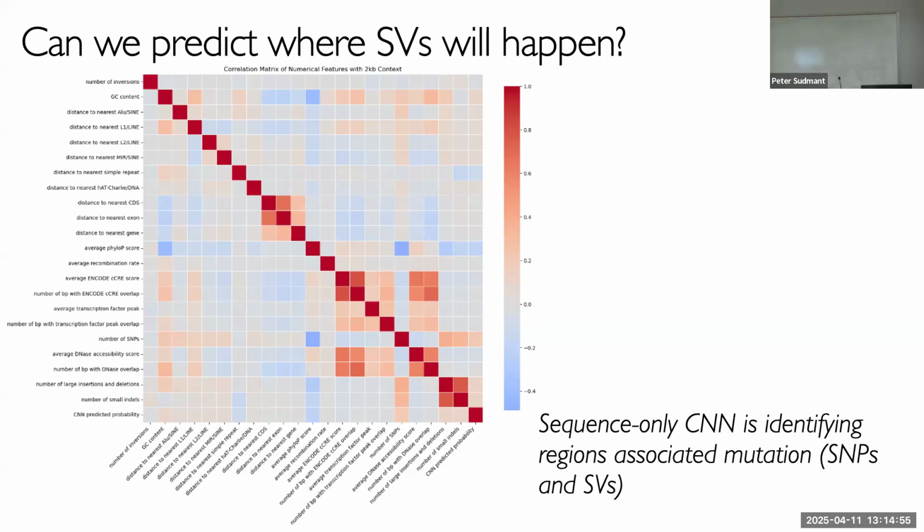So what that means is that with no information except the sequence, and no alignments to anything, you're getting a pretty good correlation with phyloP score, and you're also predicting regions of the genome that are highly mutable because they're getting SNPs, which is pretty crazy.